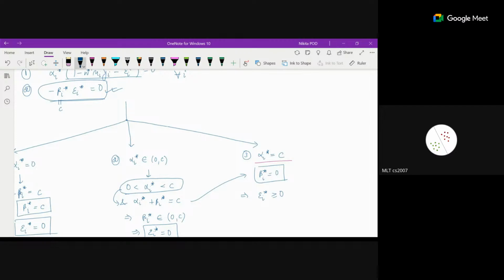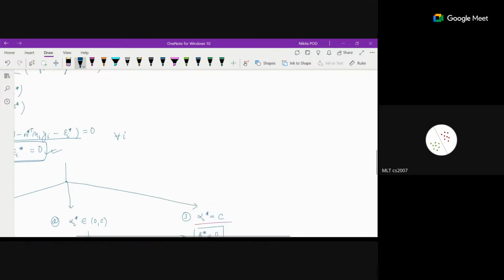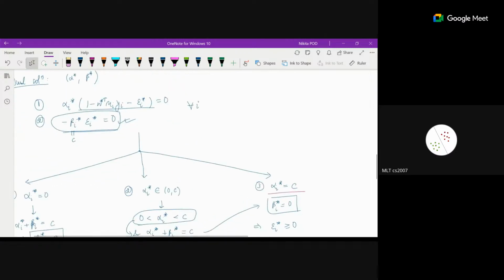Okay. So from the first condition, where this term was going to be equal to 0, since alpha I star is equal to C, this will go towards the right hand side and it will be 0.